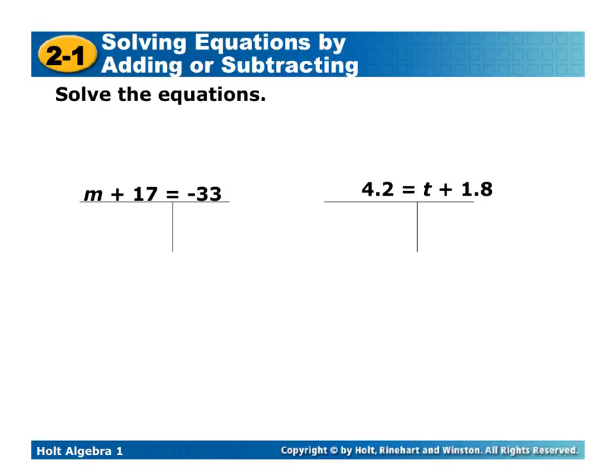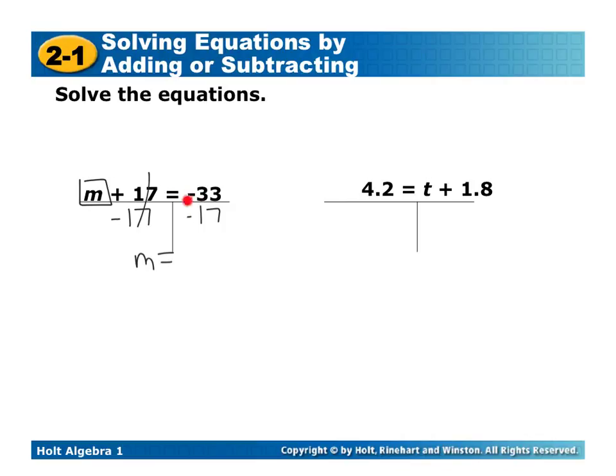So let's look at another example. In this example, we have m plus 17. So since we see addition as our problem, the inverse operation would be to subtract 17 from both sides. Inverse operations are going to cancel each other out. We're left with m. Now if you look on the right side of the equation, though, we have two negatives.